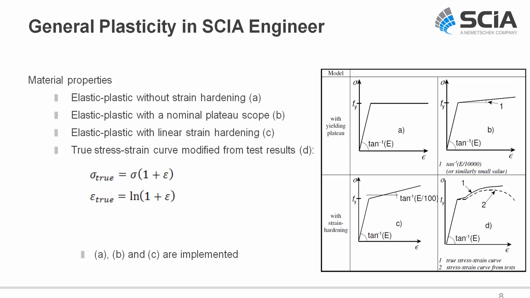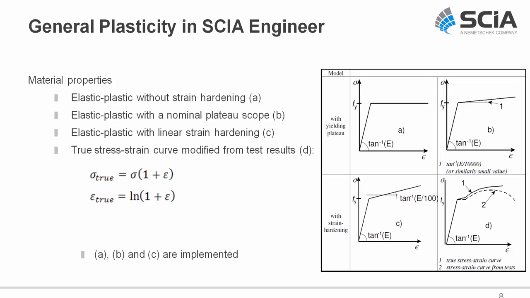Diagram B, stress strain diagram B, is also with a yielding plateau, and as you can see here, this is an elastic plastic with a nominal plateau slope, which is defined by the number 1 in this diagram, and 1 is equal to the inverse of tangent of the E modulus divided by 10,000, or a similar small value.